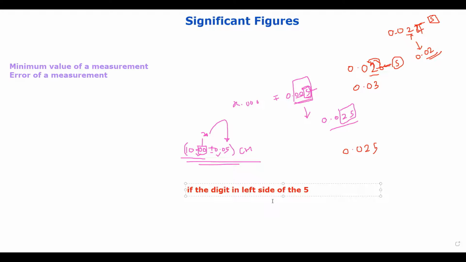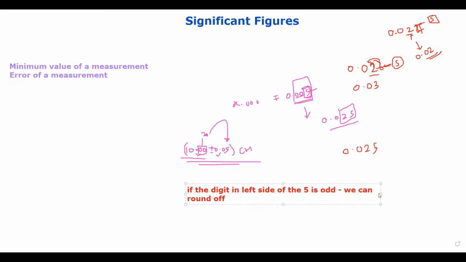If the digit on the left side of the 5 is odd, we can round off.